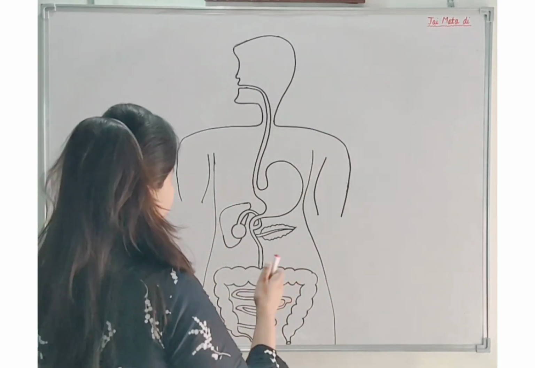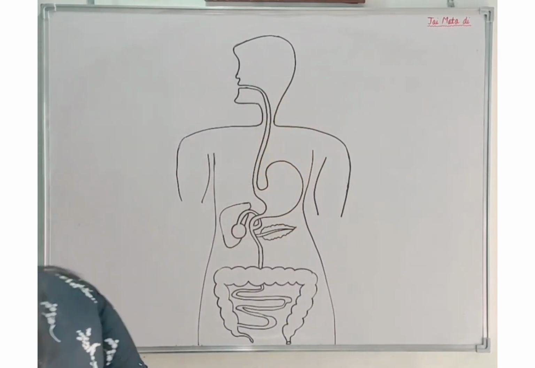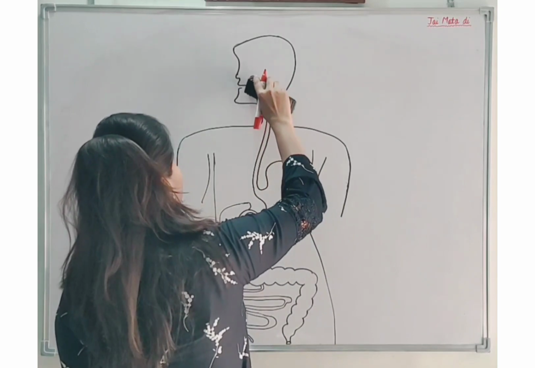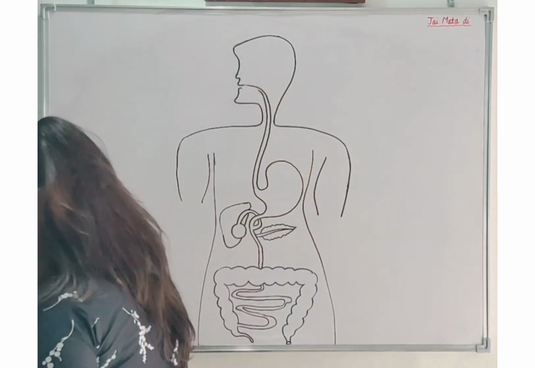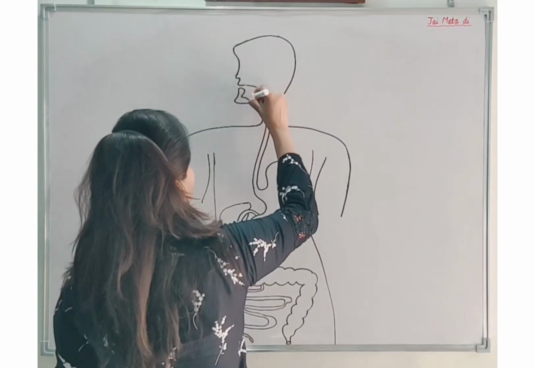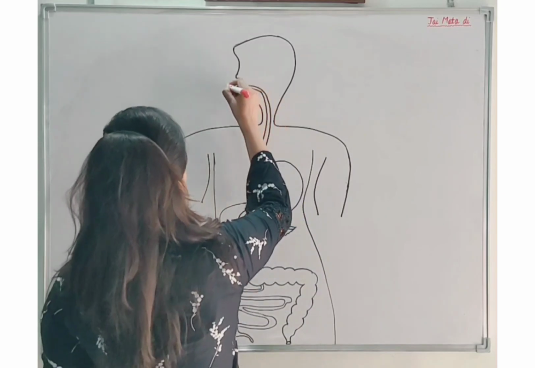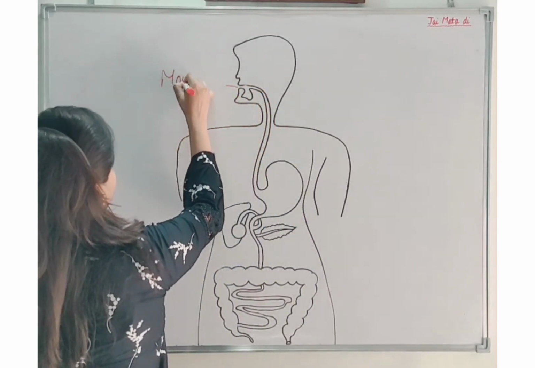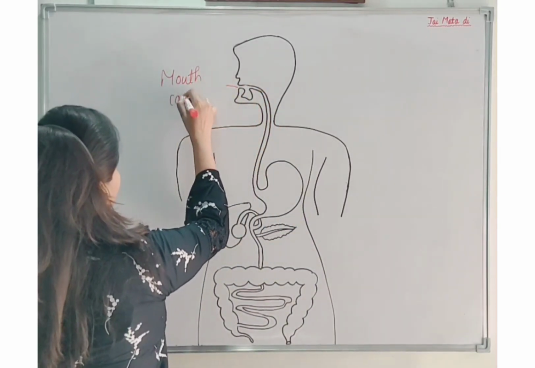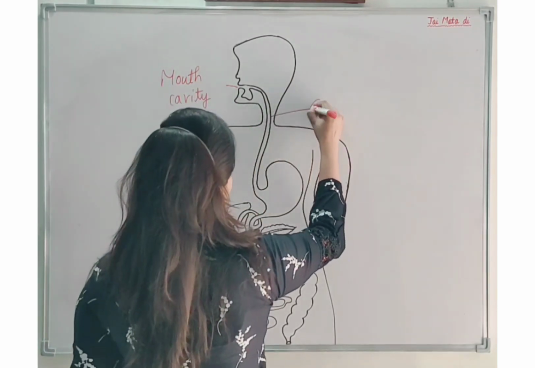Now we need to label the diagram. This one is the mouth cavity. This one is the oesophagus.